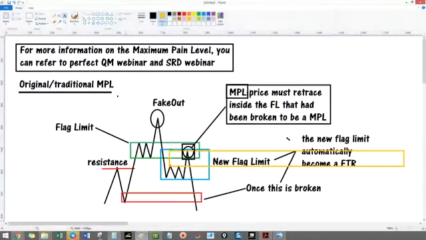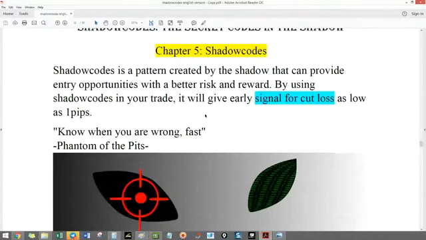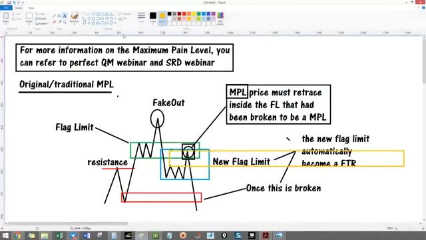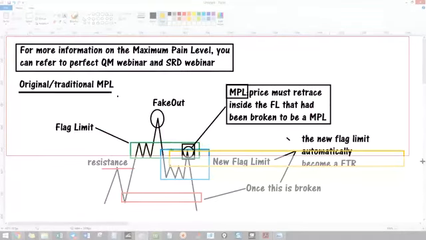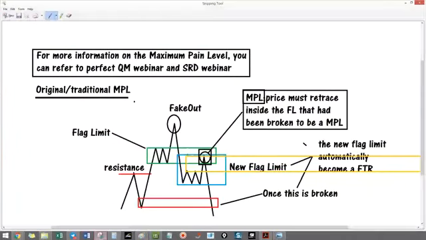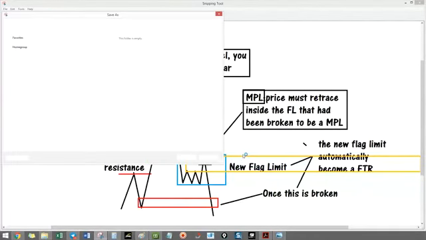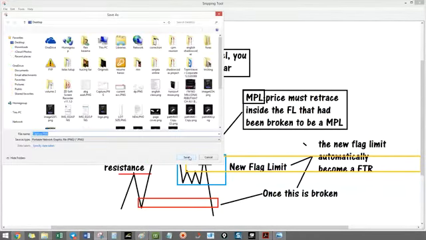Let's proceed on Shadowcode chapter 5. Okay, I think, do you want me to screenshot this? I will screenshot. I think you will ask again. I will screenshot. Save.